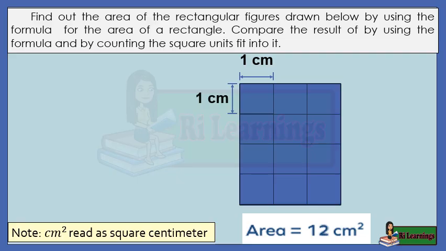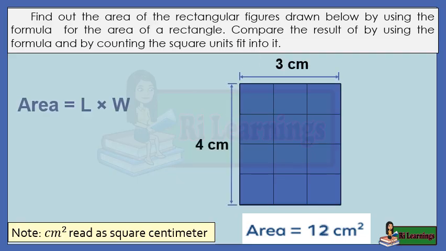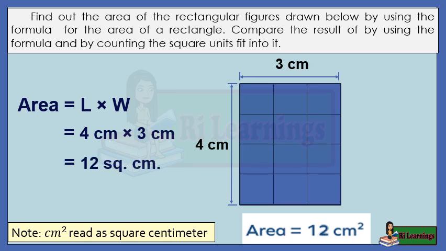While the width of the rectangle has 3 units square of 1 centimeter, the width of the rectangle will be equal to 3 centimeters. Using the formula, area equals length times width. 4 centimeters times 3 centimeters equals 12 square centimeters.